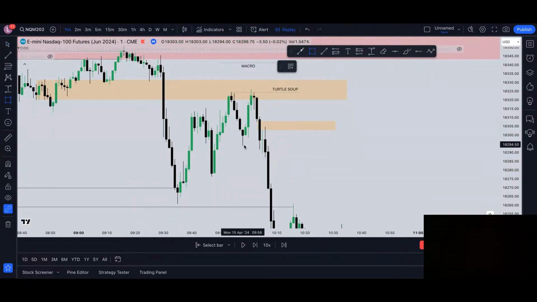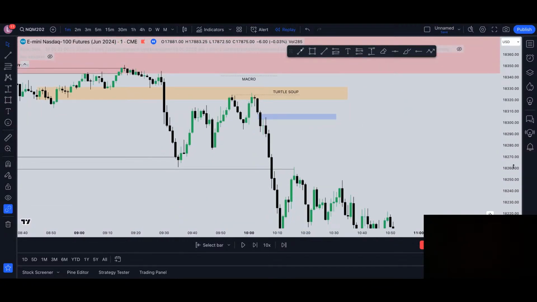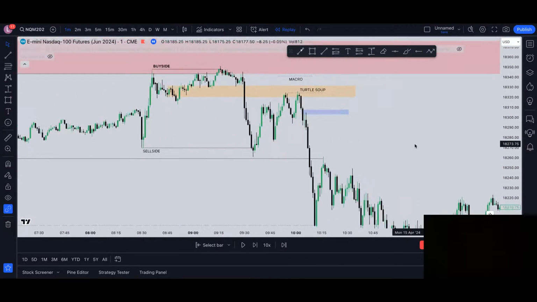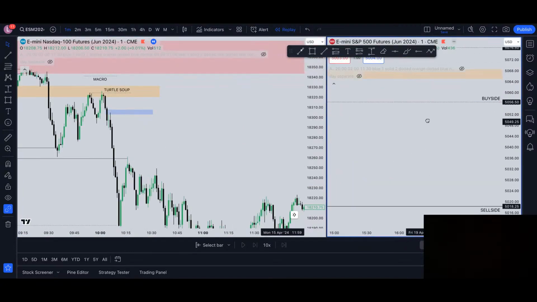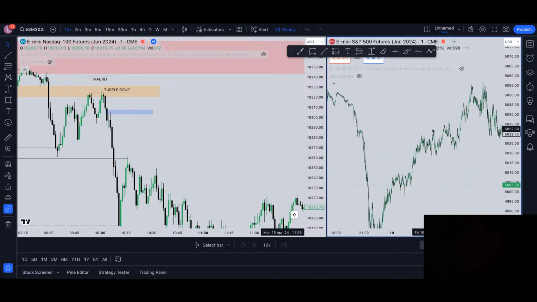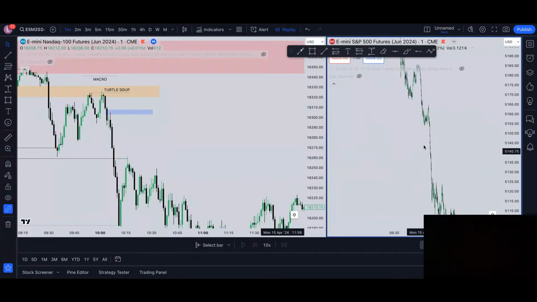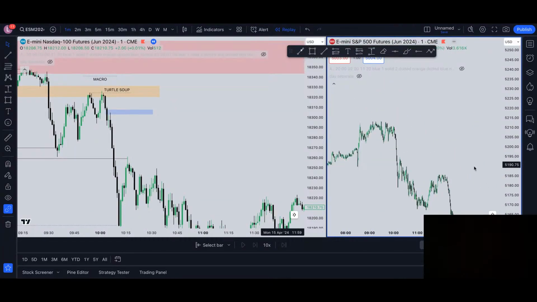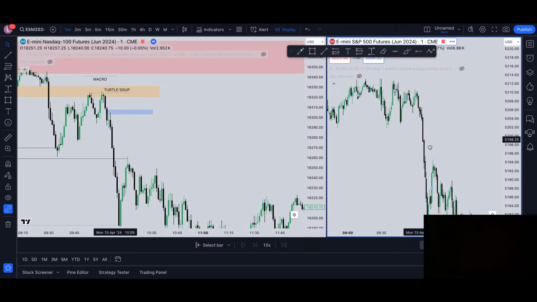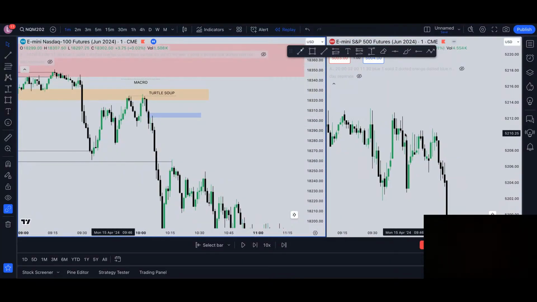This fair value gap, and overall this breaker. And let's check ES. Because most of the time, I try to take a trade with SMT, which gives a high probability for me.